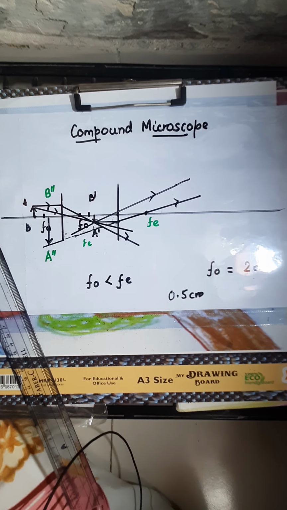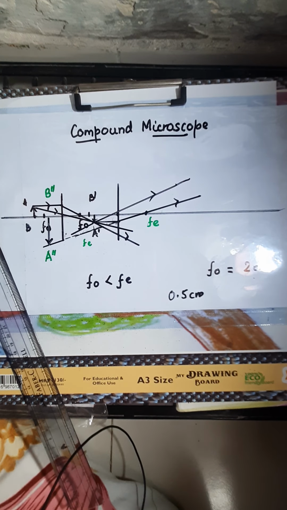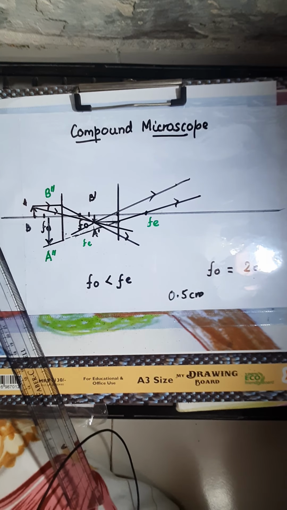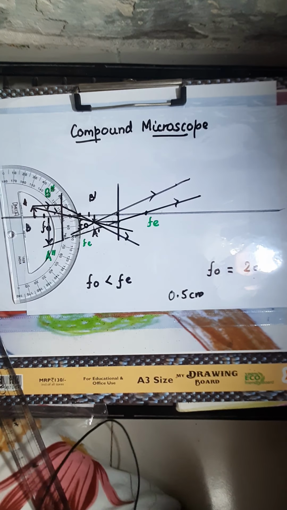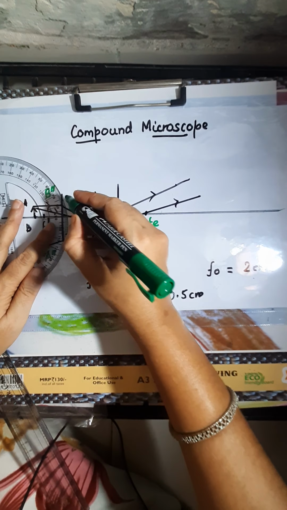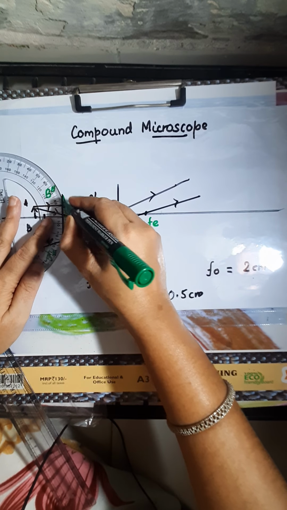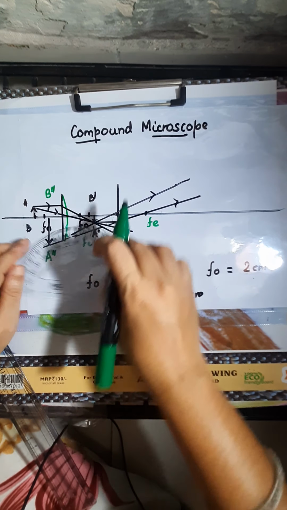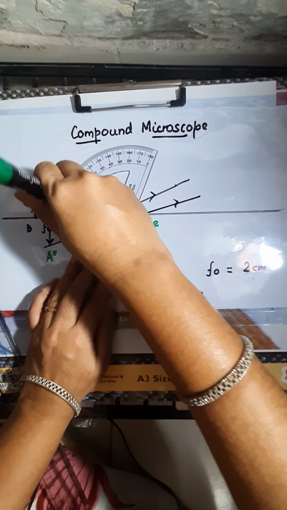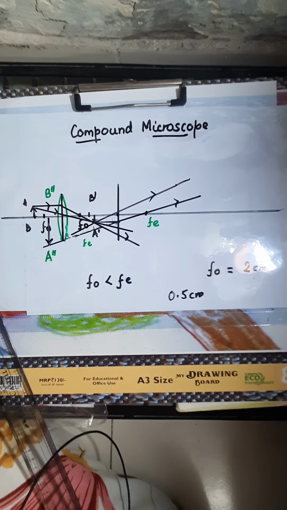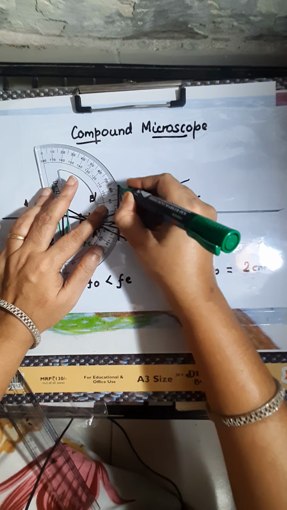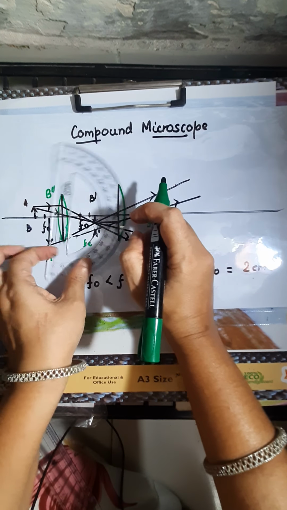Now I'll draw the lenses just to make my diagram more perfect. And this is my second lens. I can use a protractor, a compass, or anything I want in order to draw this.